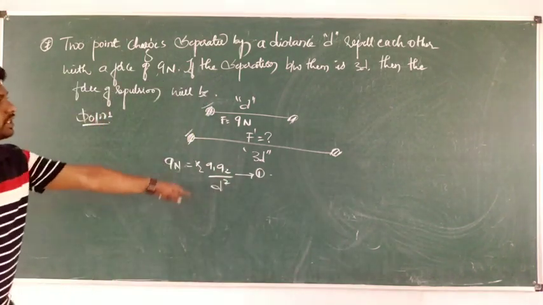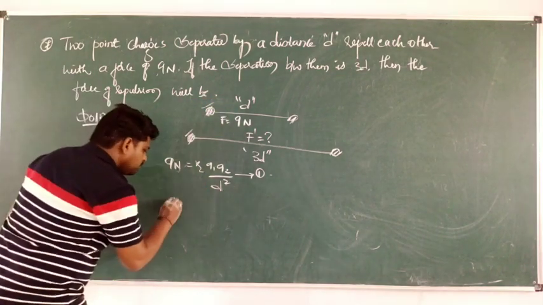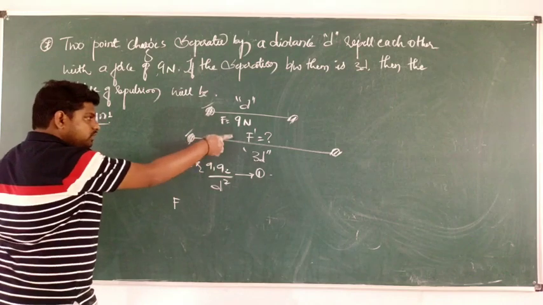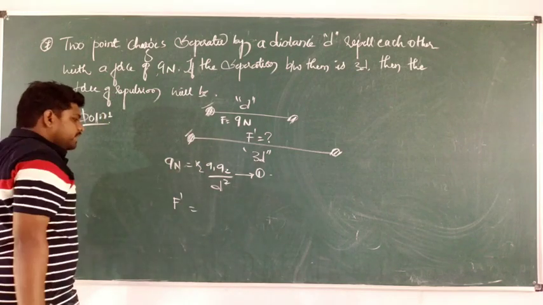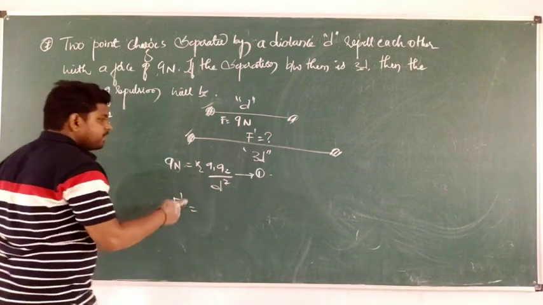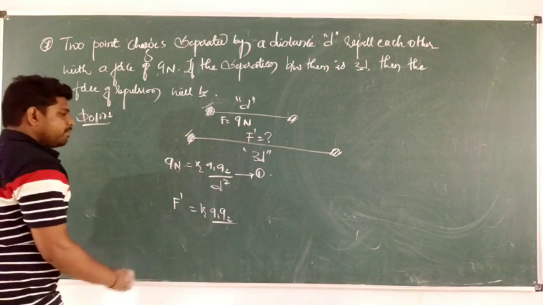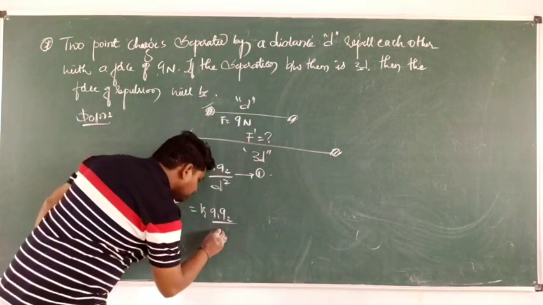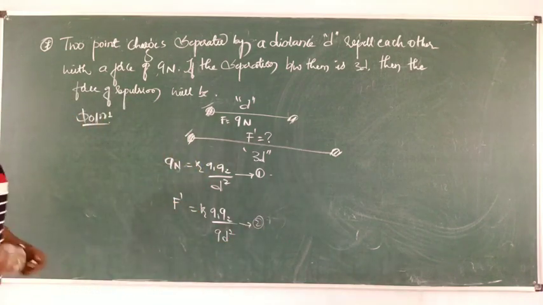It comes out to be K Q1 Q2 divided by d square. Next, if I apply Coulomb's law to the second scenario, it comes out to be F dash, which I have to calculate. F dash is going to be K Q1 Q2 divided by 3d whole square, which is 9d square. I will call this equation 2.